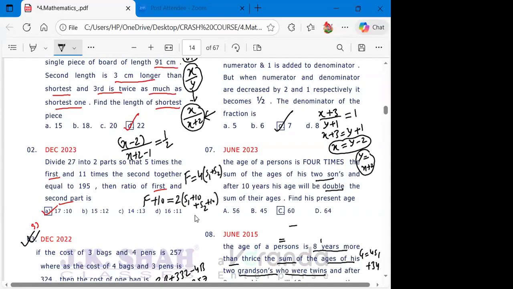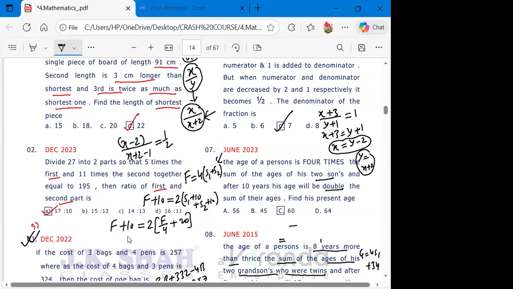Clear? Now just tell me, if I solve the second equation, F plus 10 equals 2 into, in the bracket, S1 plus S2. In place of S1 plus S2 from this equation, can I write F divided by 4? S1 plus S2 can be replaced by F divided by 4, because we want to calculate F, and 10 plus 10 is how much? 20.